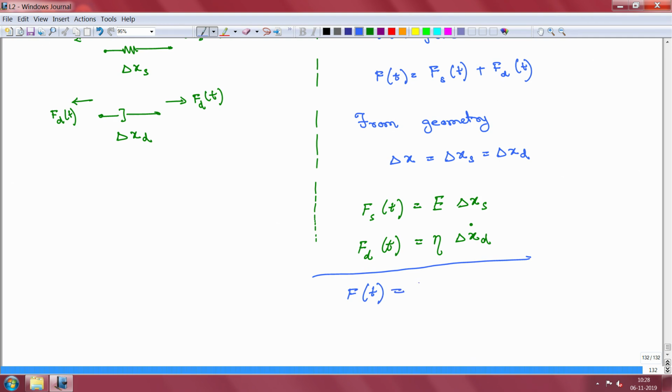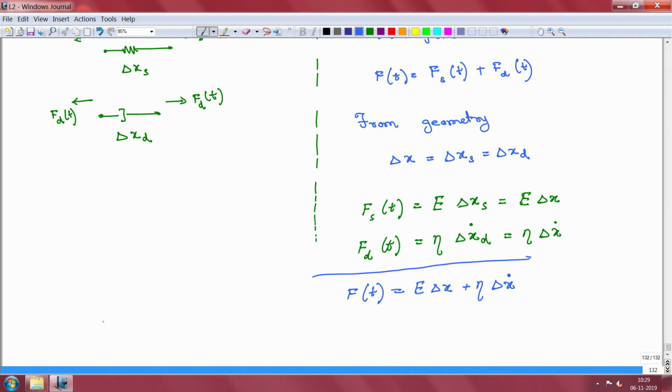These are equivalent to writing it in terms of delta x, which is what this entire system is seeing. So, I can just write F(t) as E times delta x plus eta times the rate of change of delta x. So now we have the relationship we were seeking initially, between the force and the system displacement.